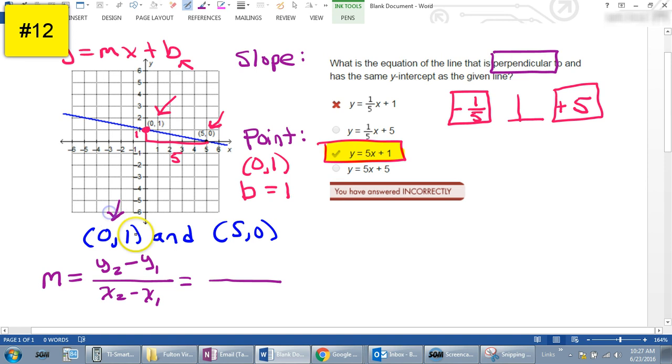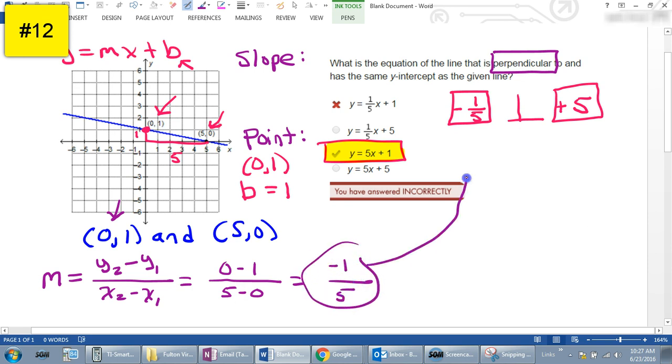Just by mentioning 0, 1, that is the y-intercept, so they wouldn't have had to say anything about that. So if we did that, y minus y, that would be 0 minus 1. And then x minus x, that would be 5 minus 0. So that would be negative 1 over 5. So that's another way we could have gotten this even without the graph.